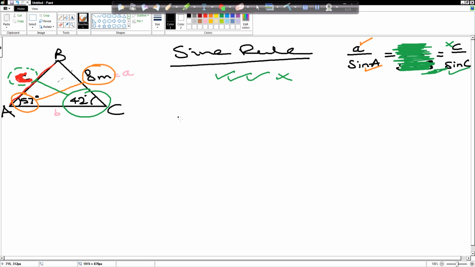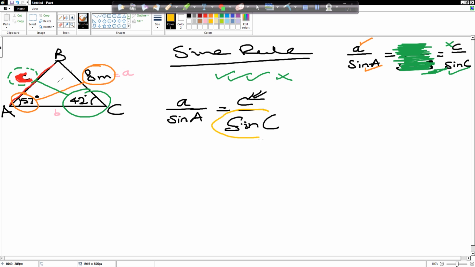So let's copy that situation down over here and start working out what we need to work out. So we've got a over the sine of A is equal to c over the sine of big C. Remember, that's little c for the side, the red one. Now, we said we've got to work out this one, the little c, so we need to do a bit of rearranging.